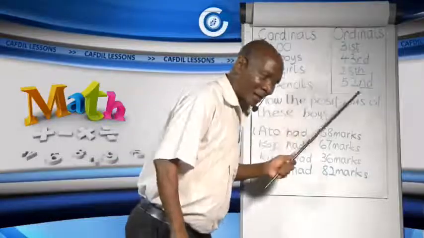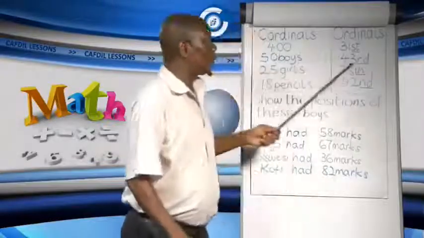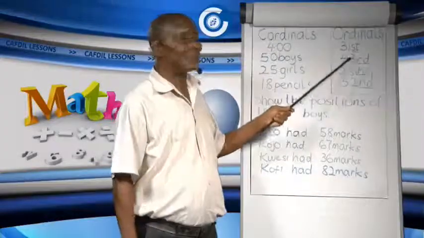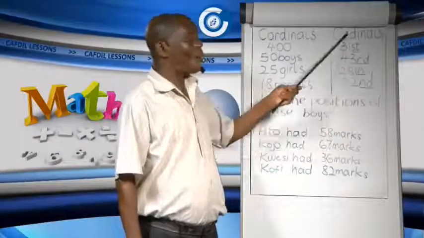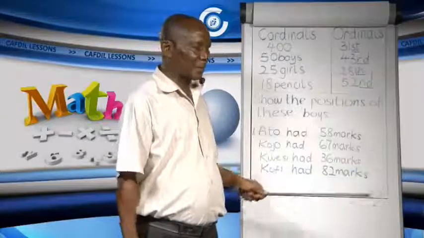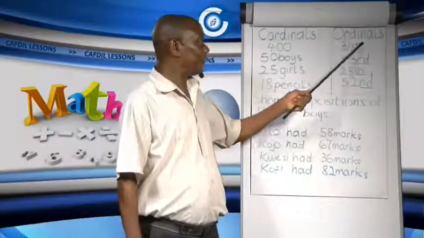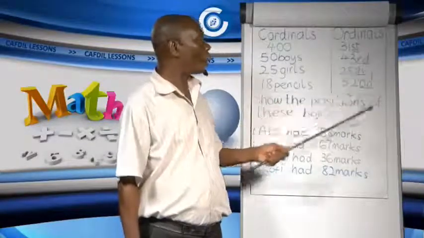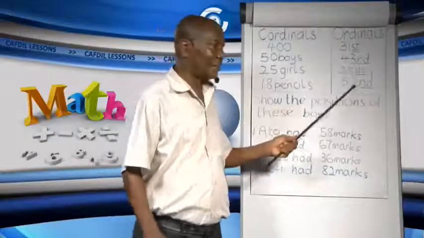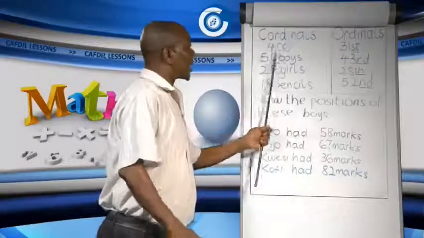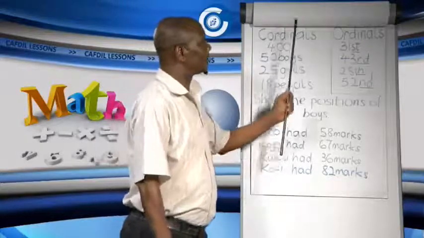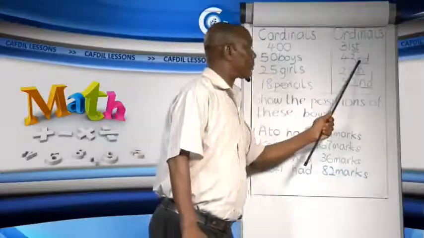Again, ordinal numbers. So 31st, 43rd, 28th, 52nd, they are all ordinal numbers because they have ST or RD or TH or ND. That is it. These are cardinal numbers. These are ordinal numbers.